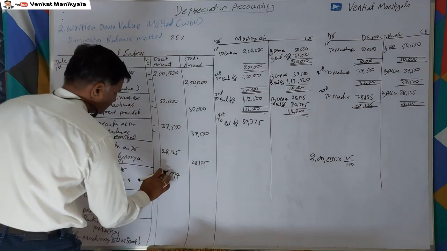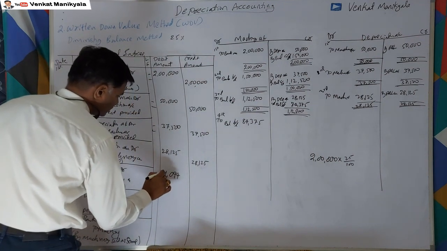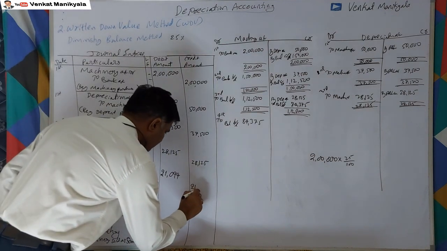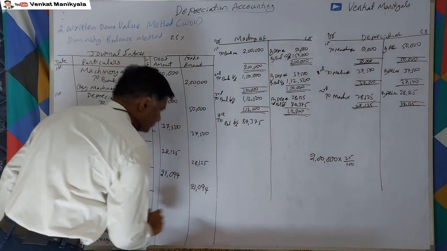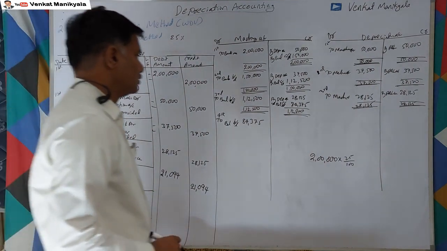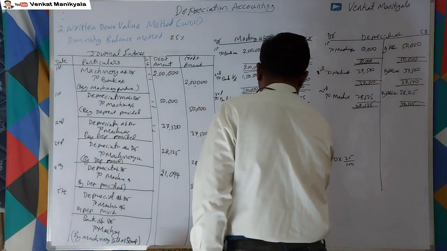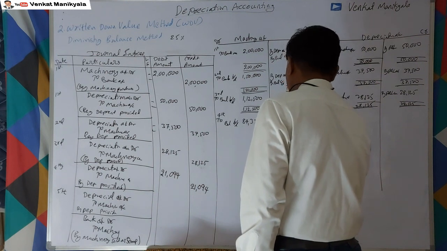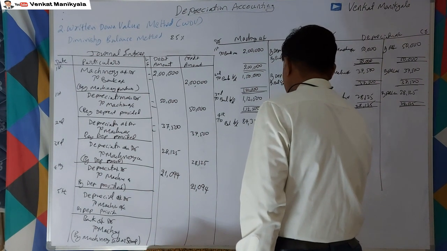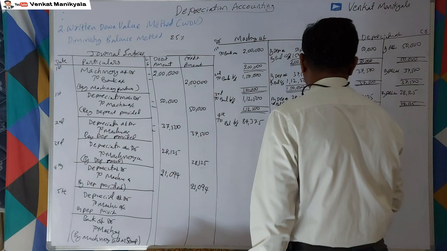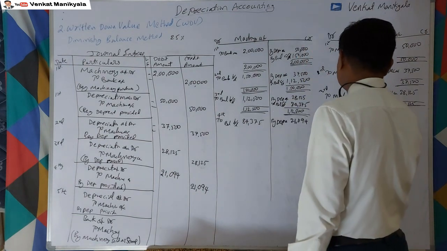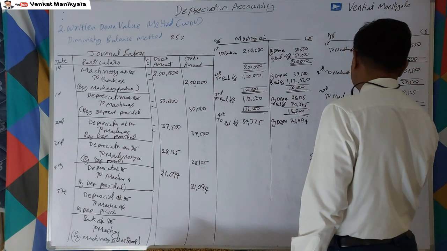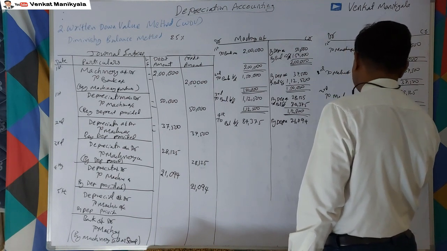So depreciation account 21,094 to machinery account 21,094.